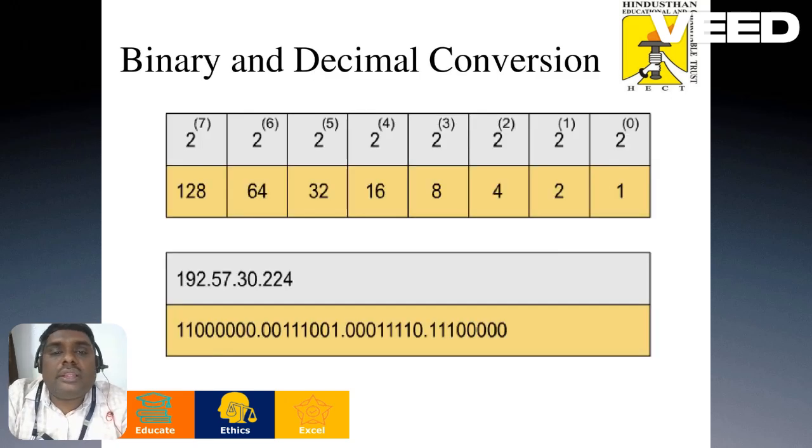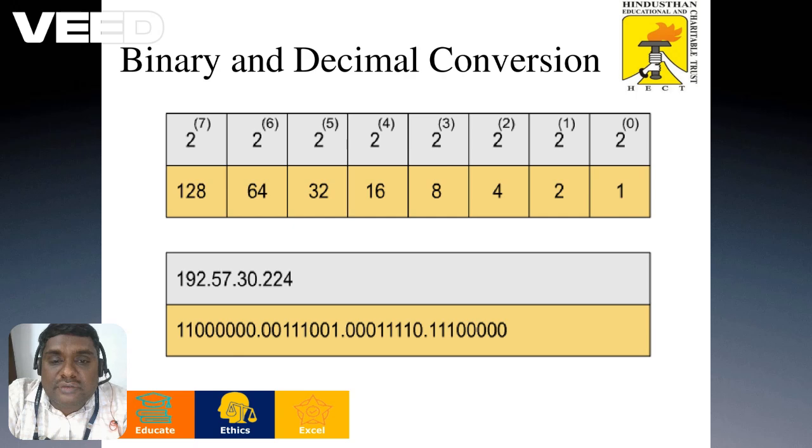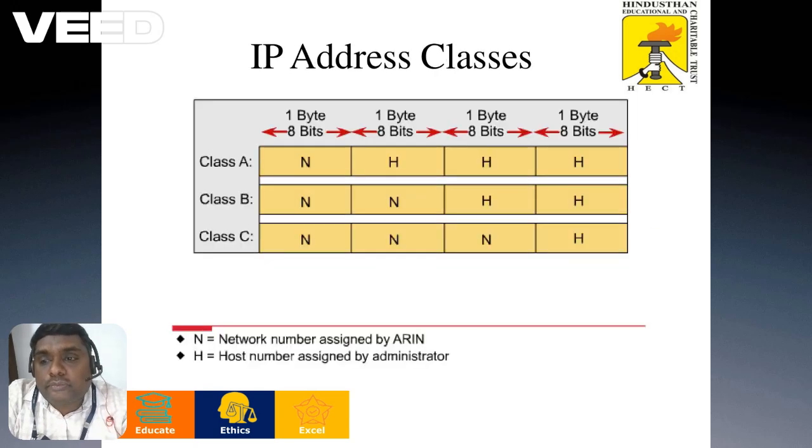While calculating the binary and decimal conversion, first 2 power 7 is 128, and then 2 power 6 is 64, 32, 16, 8, 4, 2, and 1. For an example, 192.57.30.224, we proceed with the first 7 bits, then 64, 32, and then the 8 bit calculations.